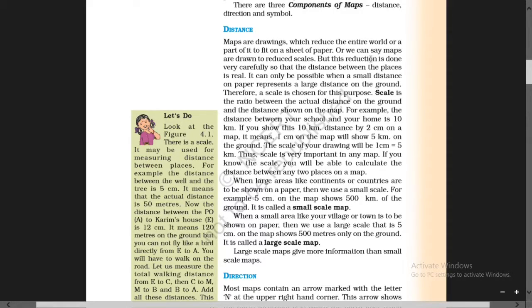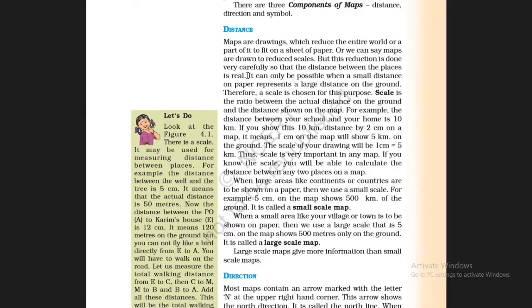But this reduction is done very carefully so that the distance between the places is real. This reduction is not done without any proper idea, boys.